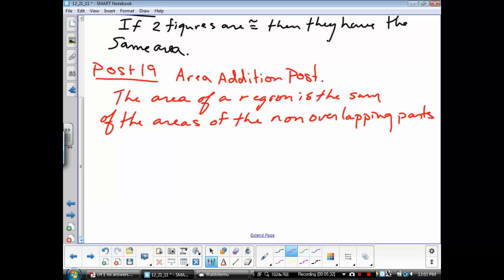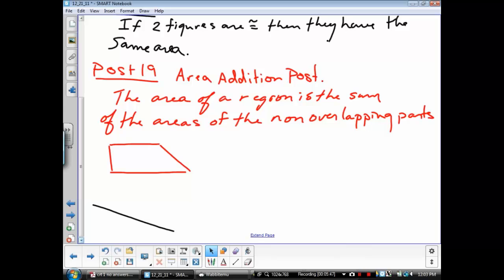So an example would be, we have a strange shaped figure, maybe a trapezoid. We might not know how to find the area of a trapezoid, but if we know how to find the area of a triangle, then we can find the area of triangle 1 and the area of triangle 2 and add them together to find the area of the trapezoid.